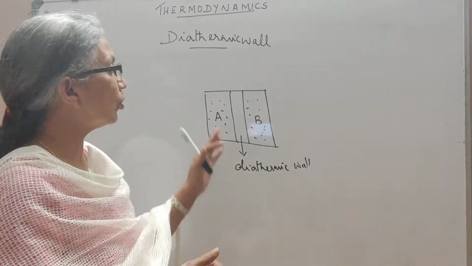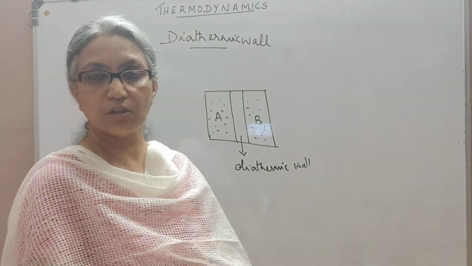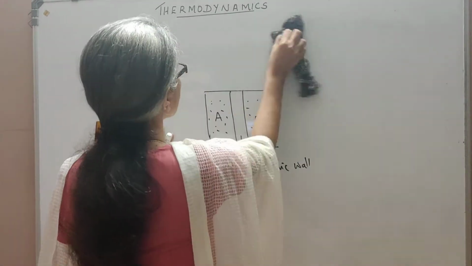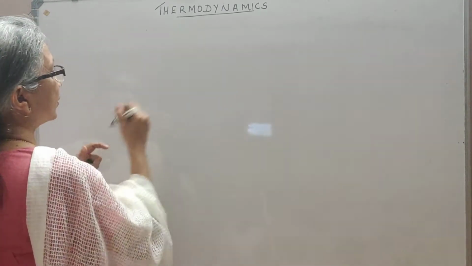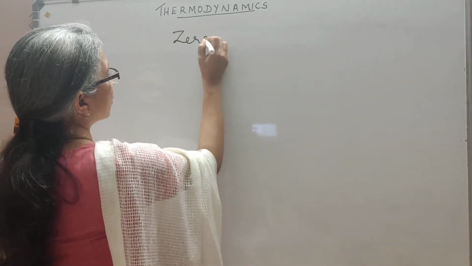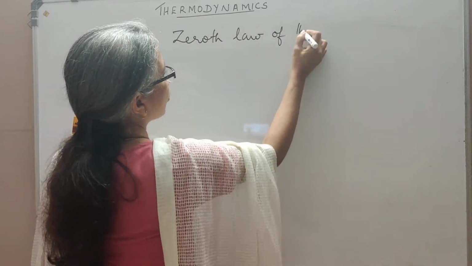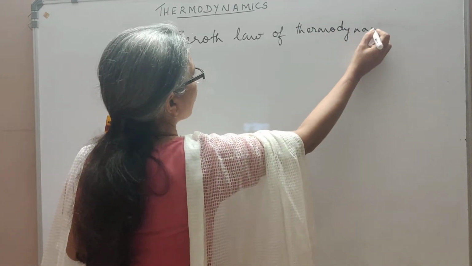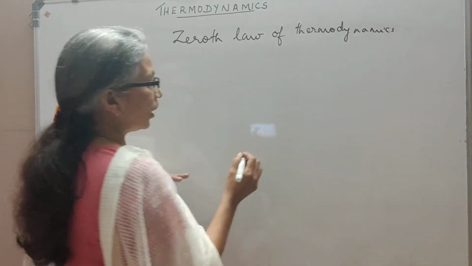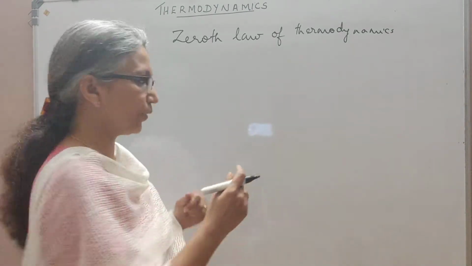Now that you know what thermal equilibrium is, we can move into the Zeroth Law of Thermodynamics. Here we have three systems, A, B and C. Our system refers to a gas inside a container.